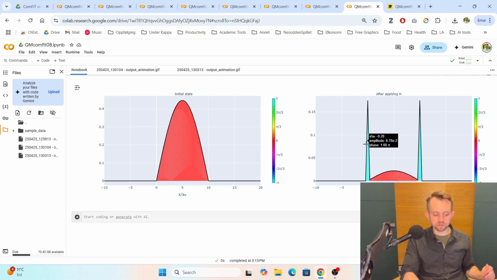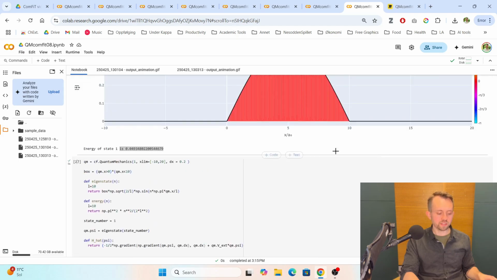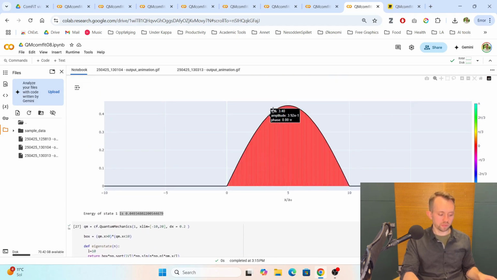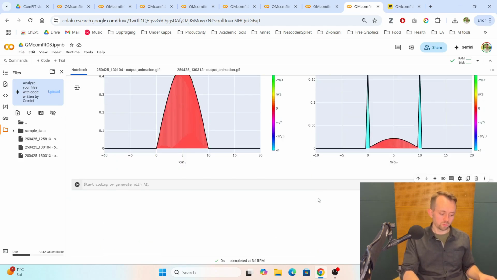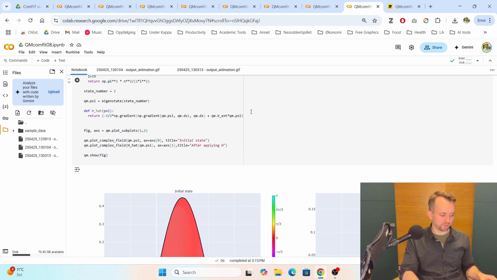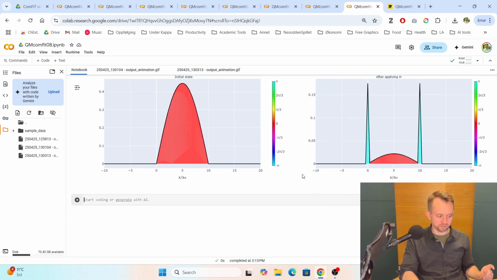The only difference is these things on the edge here, and that has to do with the fact that at the edges, this initial wave function just goes directly to 0, and that causes a very sharp gradient in the wave function, which numerically doesn't make sense the way we have implemented it.